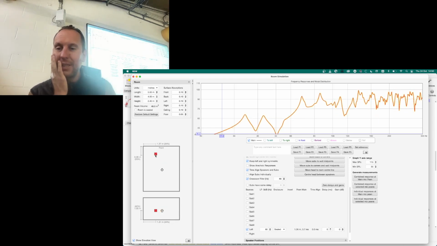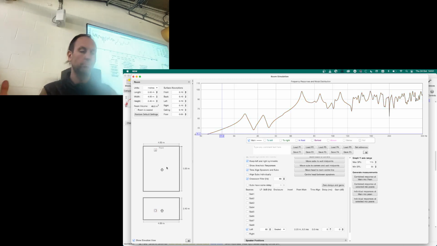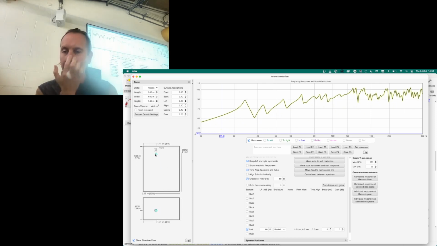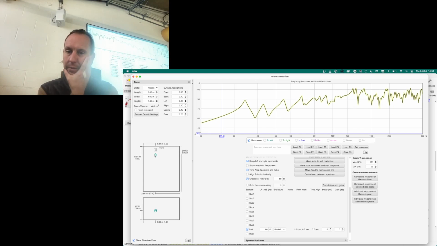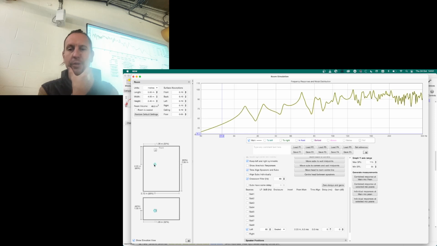So what I suggest that you look at, for example, is that, let's say the distance to the rear wall is 0.5 meters, about that. And then see what happens if I move the listener. Okay? So what you see is that this notch, I'm looking at this notch here, is not moving. Why not?